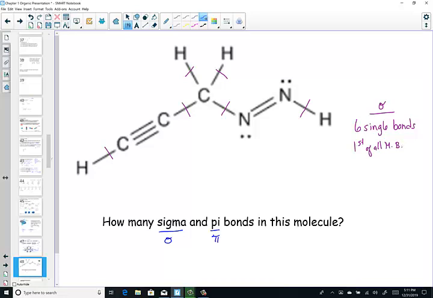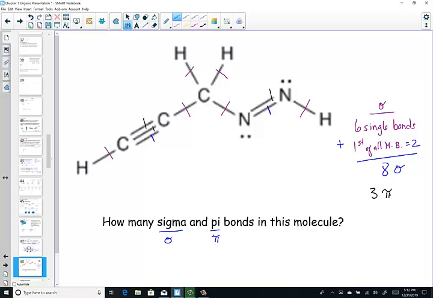So there I count 1, 2, for a total of 8 sigma bonds. Pi bonds are found by taking what's left, the second and third of multiple bonds. So I count 3 pi bonds in that particular structure.